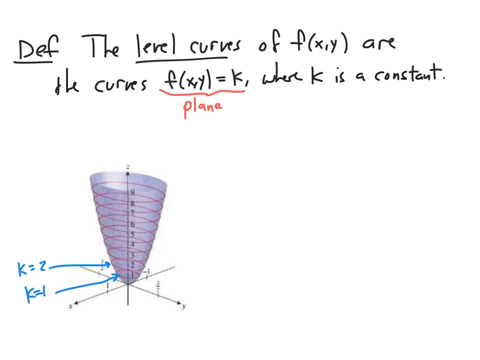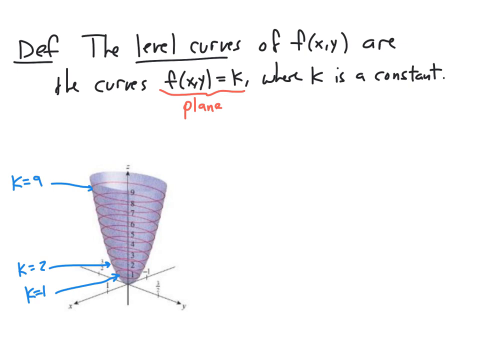That's the intersection of z equals 2 with the surface. And if I take k equal to 9, I get the one on the very top. All right, that's the intersection of our surface with the plane z equal to 9. And of course, k equal to 3, 4, 5, 6, 7, and 8 are all depicted here as well. Just to keep the labeling simple, I won't label all of them.